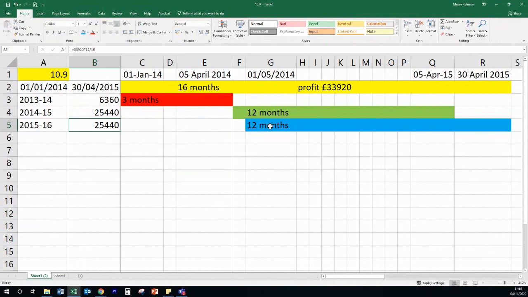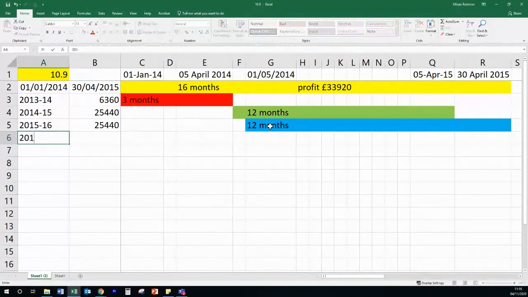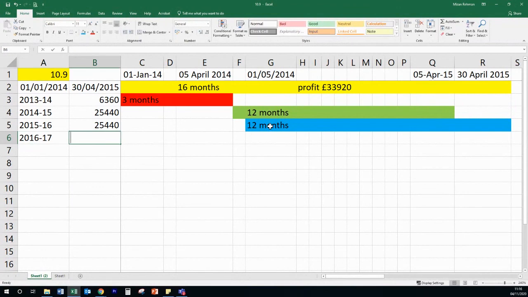Then we have 30th April 2016, which is quite a normal year. It's 12 months, so it's ending in year 2016-17. The actual profit, no issues in this year because it's 12 months, it's the 4th year, no cessation happening, no change of date happening.